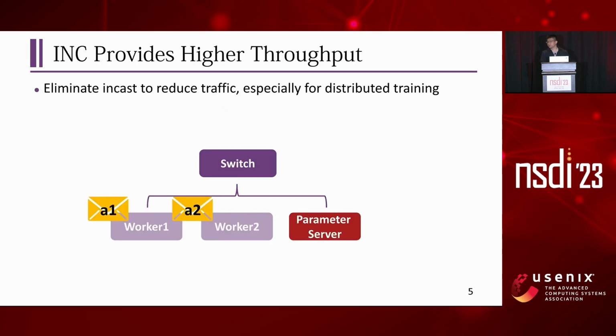The first reason to use INC is to save throughput for all reduce tasks. Here is an example of distributed training, where workers send out the gradients and accumulate them on the parameter server.